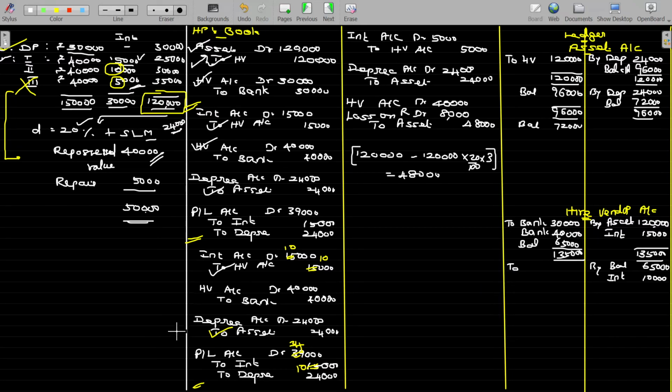ஓகே, ஹையர் வெண்டர் அக்கௌண்ட் டெபிட் டு பேங்க், ஹையர் வெண்டர் டு பேங்க். ஓகே, this value being 40,000. Okay, that's all, 40,000 rupees.